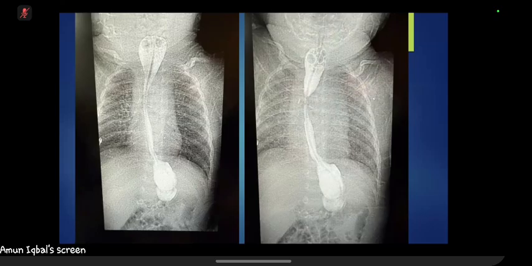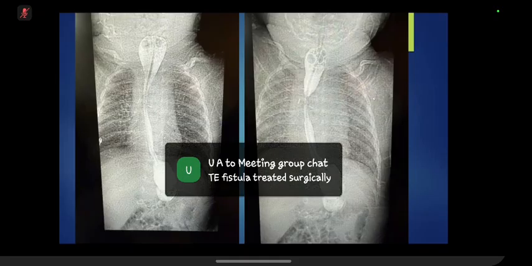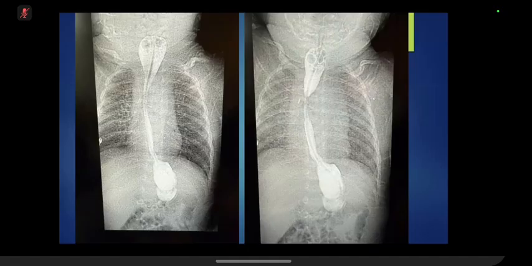There is passage of the contrast to the stomach, but some bubbles are seen within the upper part of the contrast, and I think there is a stricture seen at the upper part of the esophagus. Did you notice that the contrast is given orally and the NG tube is still in place, but the contrast is not given through the nasogastric tube?